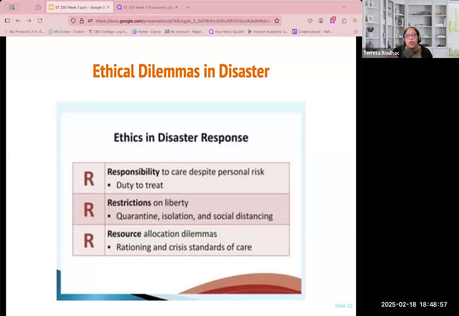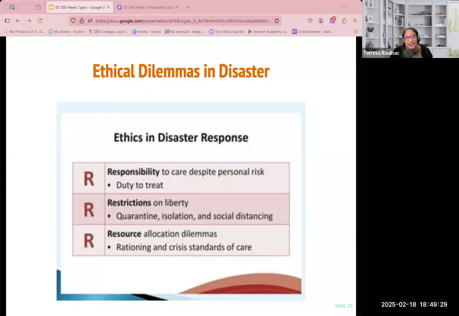This requires prioritization based on severity, accessibility, and population needs. So then we get to the questions, right? How should resources be distributed when multiple areas are affected? What criteria should be considered when we're deciding which region or population needs resources first?